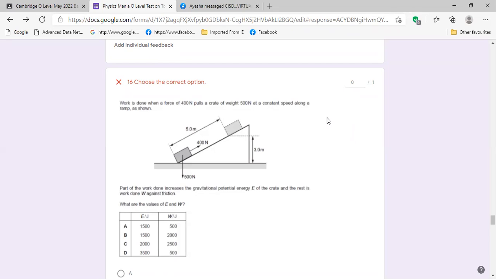Yes, sir. Which force we will use? We will use 500 newton or 400 newton. 400 Newton. Why you are taking 400 newton?